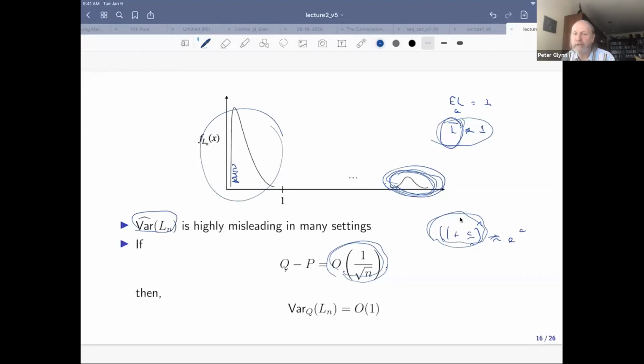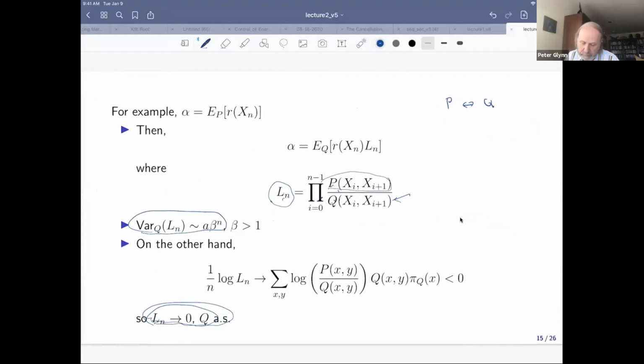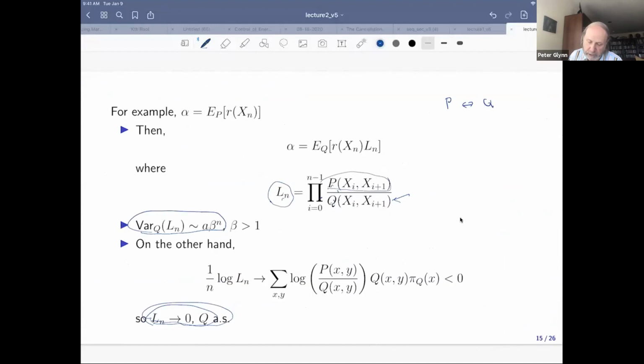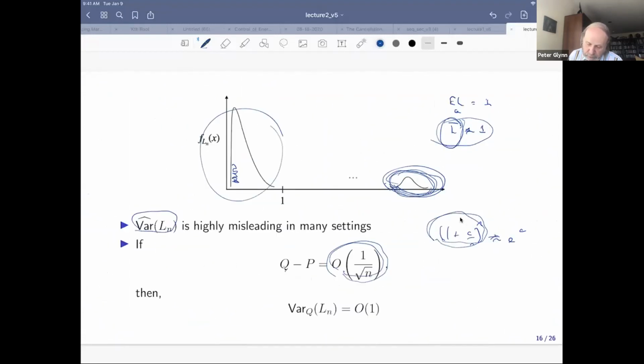And I think in many problems what you said is correct, but it wouldn't always be the case, because there would be problems, for example, and this can happen in the rare event simulation context. There would be settings where the W may have support on a part of the sample space where this doesn't occur, where you don't actually have this big piece out in the tail.